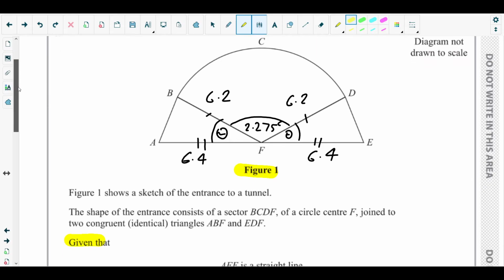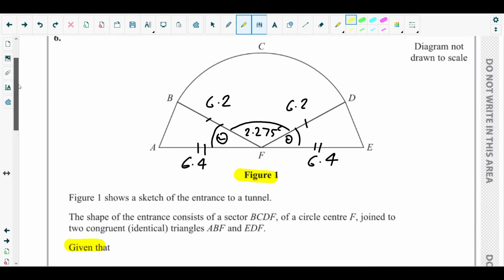So how can we find the border length? We know 6.4 is the length of AF, and FE is also 6.4, so the length of AE is twice 6.4. Next, we need the lengths of AB and BD, which are unknown.